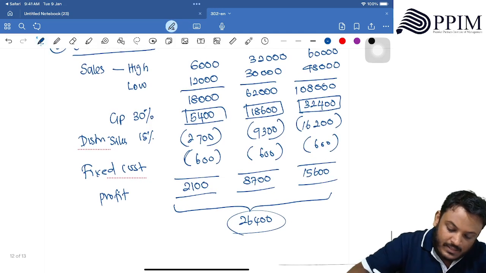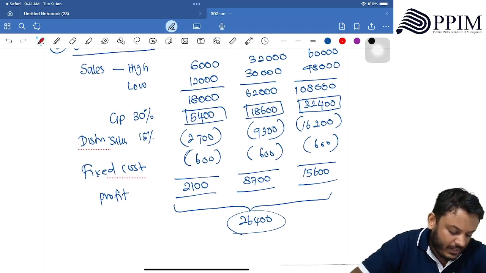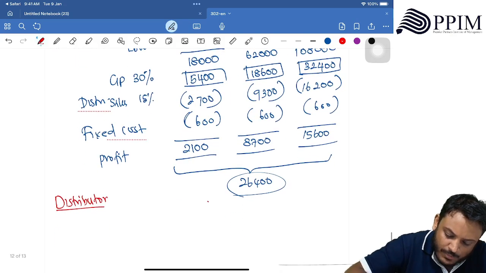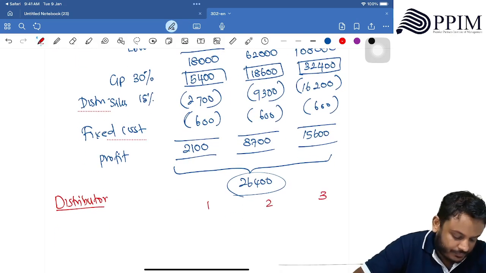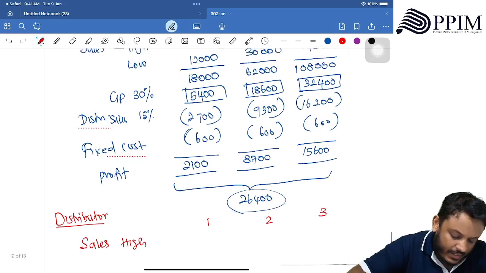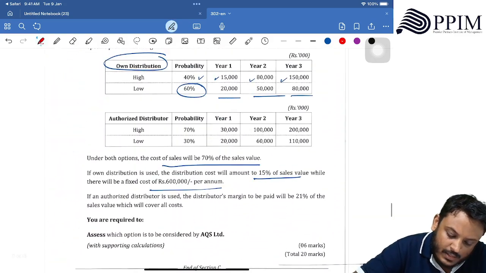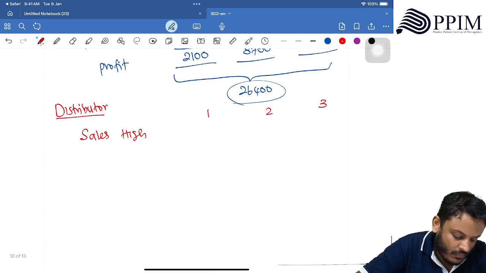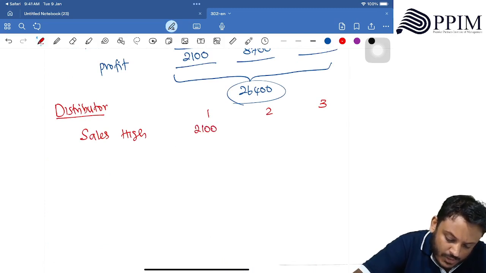Now, I'm writing in red color, let's take the distributor. If I go for a distributor model, let's take sales high. In the question they said 70% probability of these three. So 21,000, 70,000, 140,000.